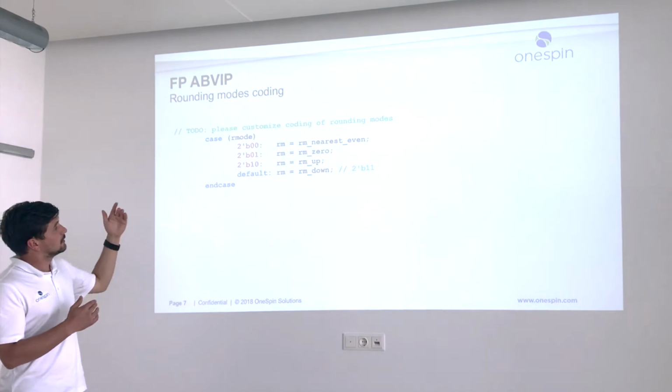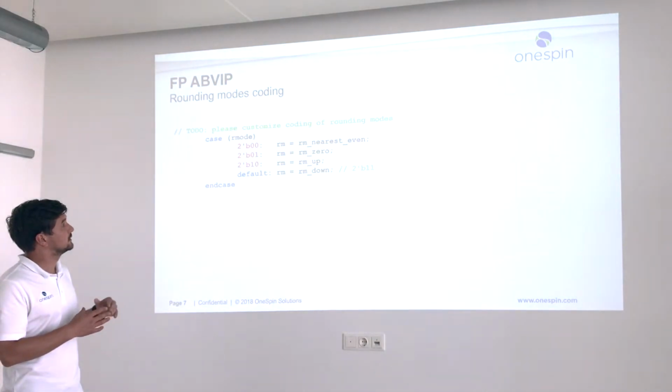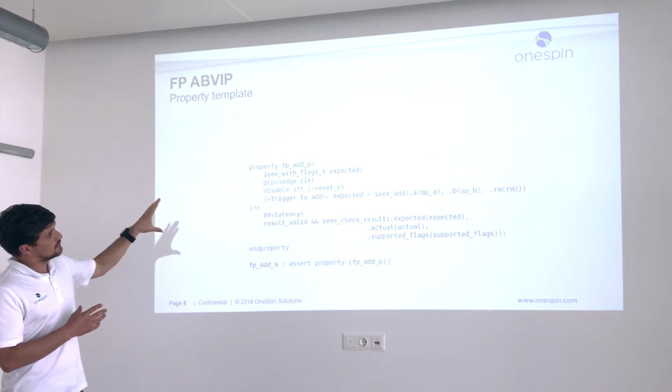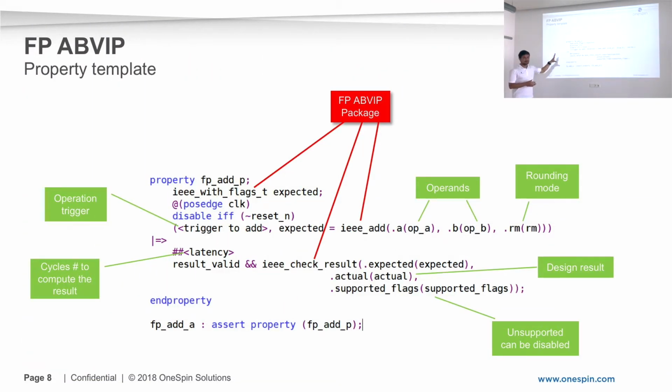Next, the assertion comes in. Once the user instantiates the verification IP, it comes with this property template, and you can see that it is pretty intuitive. First, the user needs to specify the trigger of the current operation and the operands. In our case, what are you adding?